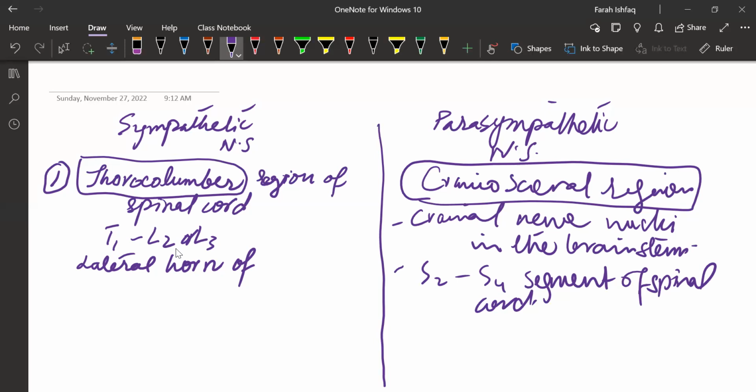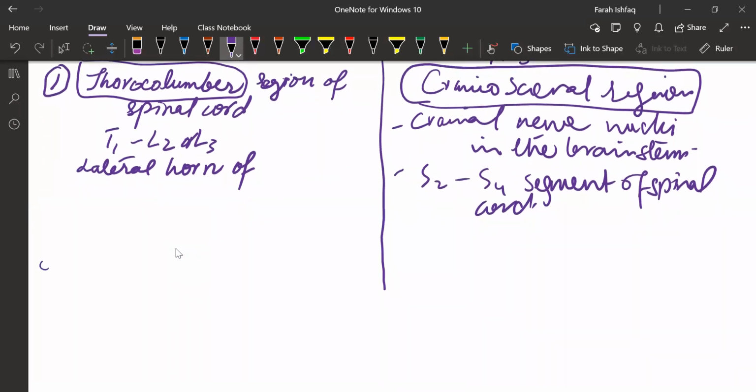Okay, so the second difference is the postganglionic neurons, where they are located. In the sympathetic nervous system, there are three sites where the postganglionic neurons are located.